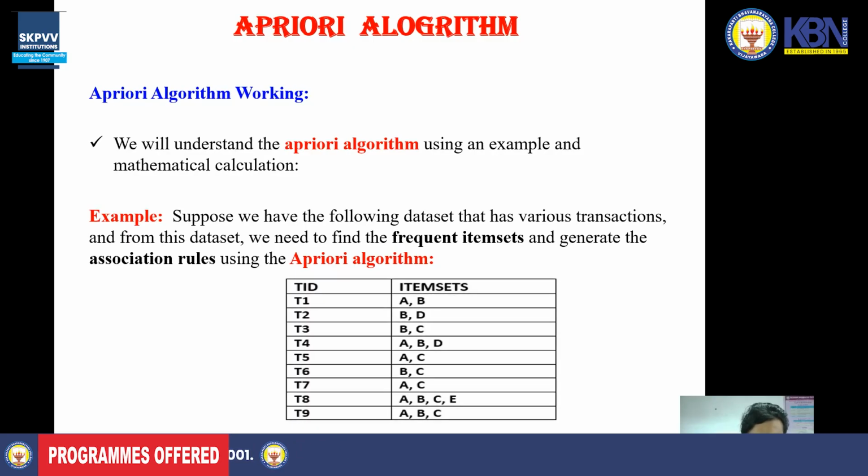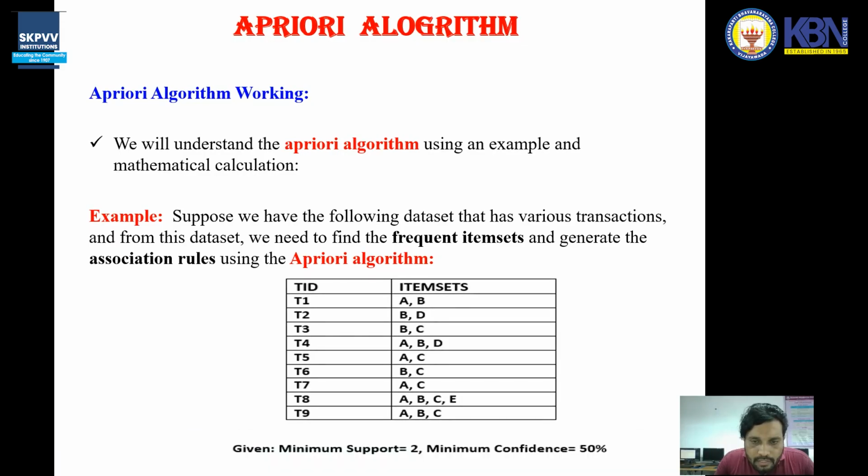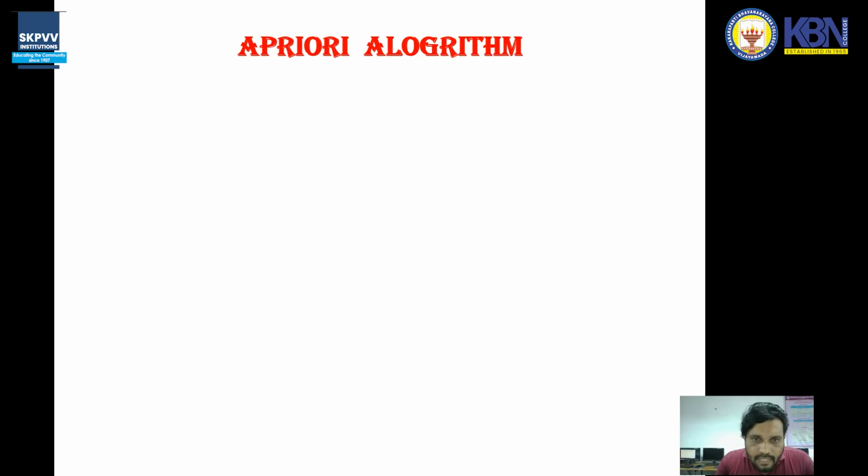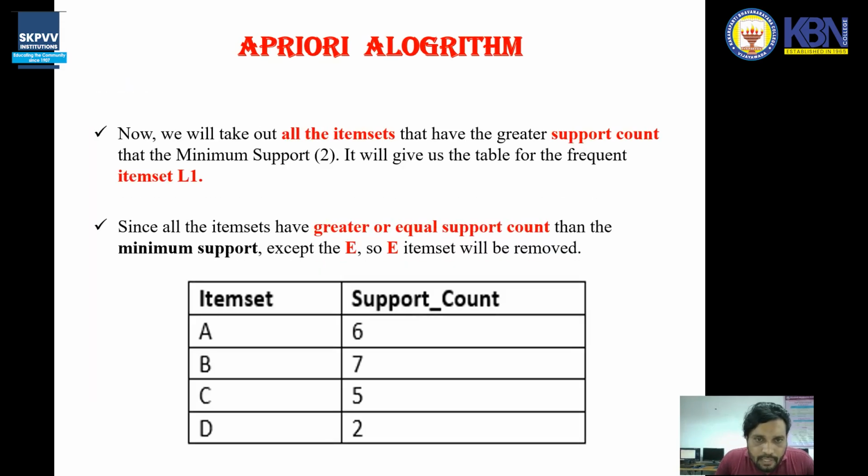The condition of the Apriori algorithm is that values equal to or more than the minimum support are considered. So the C1 and L1 result table is A value 6, B value 7, C value 5, D value 2. The D value 2 is equal to the minimum support, so it is considered. The remaining values are arranged in decreasing order: B value 7, A value 6, C value 5, D value 2.